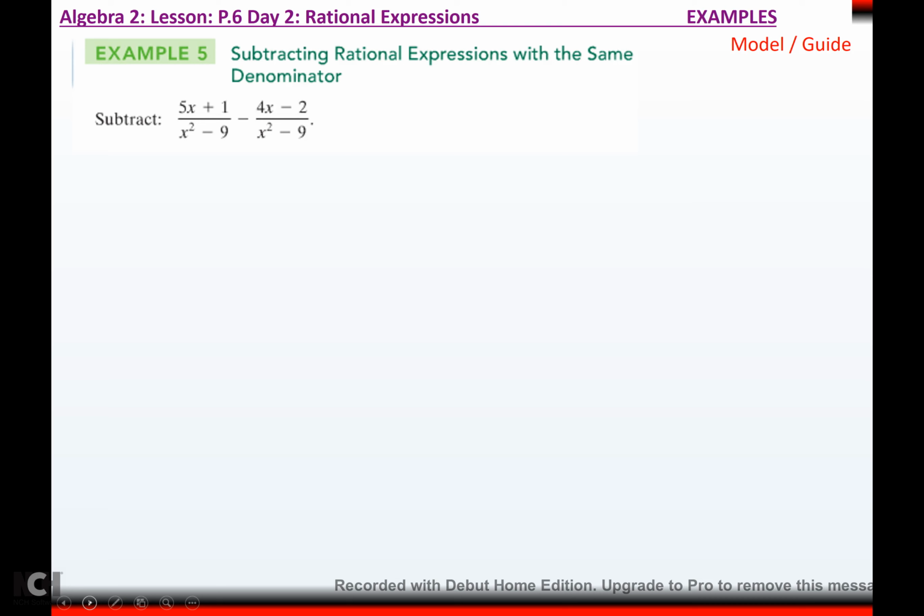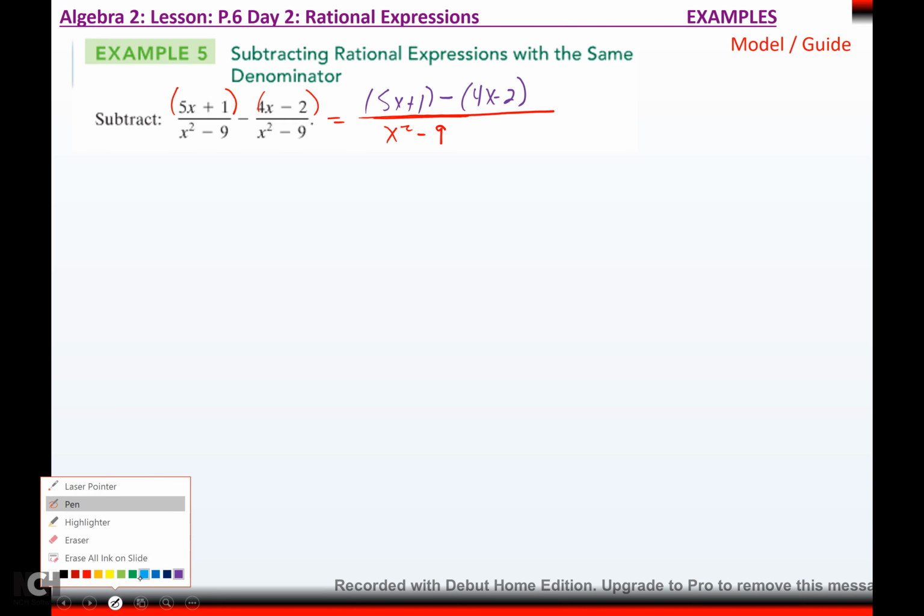So, the denominators match, and the rule says when your denominators match, you keep that denominator, and you do the math on top, which says this minus this. So, I would have 5x plus 1 minus 4x minus 2 on top.